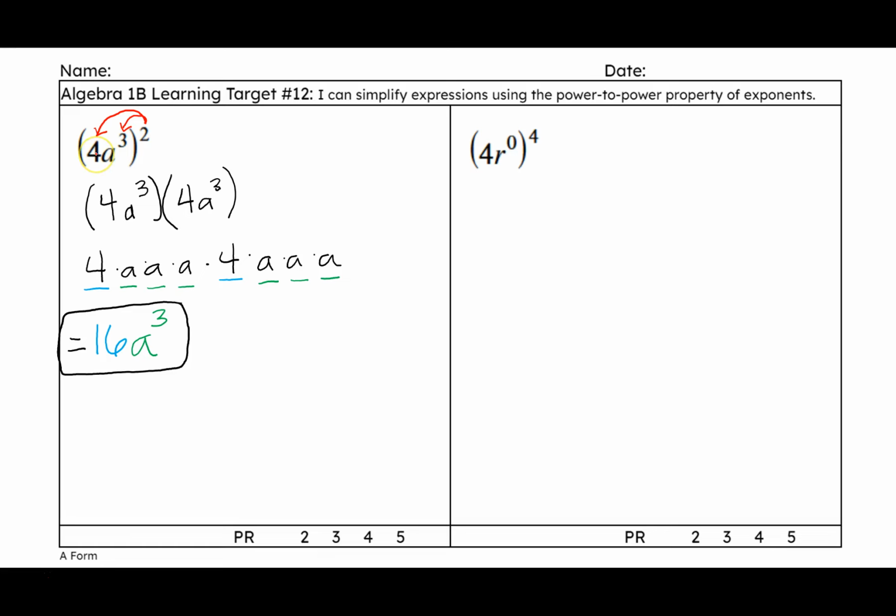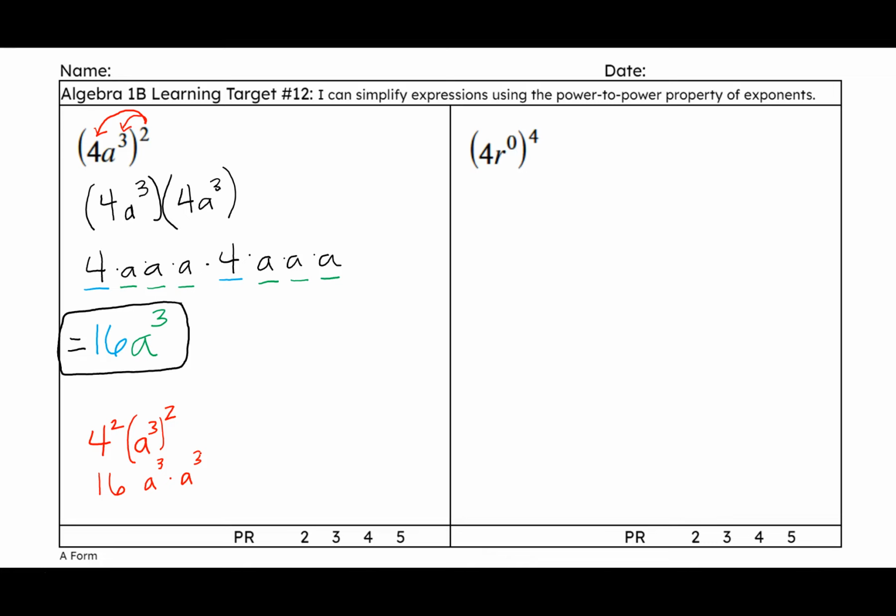So it's like you've got 4 squared, and then you've got a to the third power squared as well. And this would be 4 times 4 is 16, and this would be a to the third power times a to the third power. And we learned before that all you have to do is add those exponents together. This is 3 a's multiplied, that's 3 more a's multiplied, that's 6 altogether.